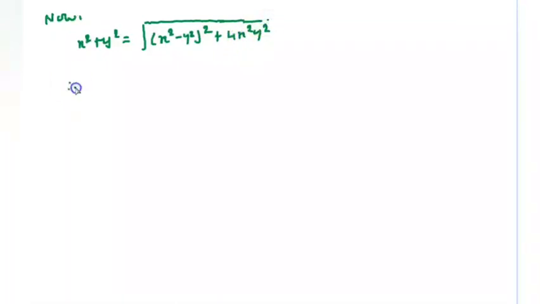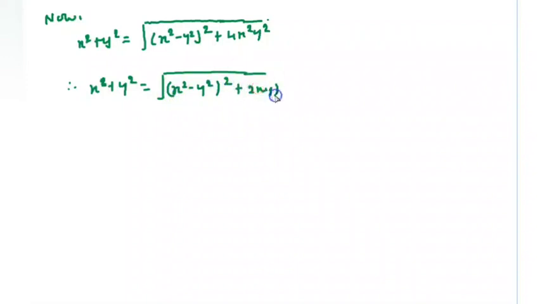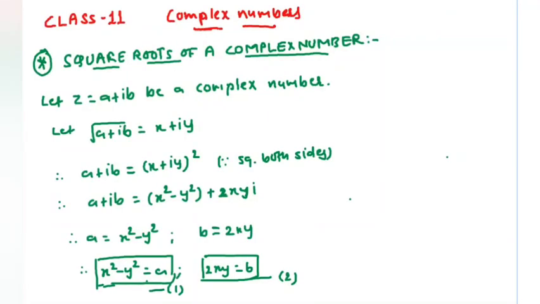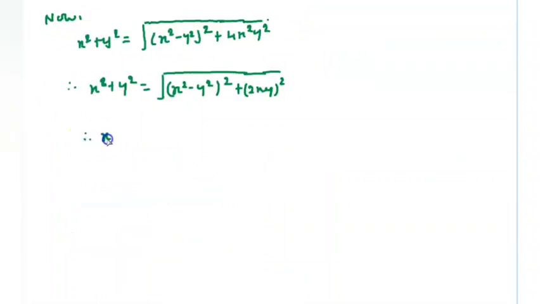Now this formula can be further simplified as x square plus y square is equal to square root of x square minus y square the whole square plus 2xy the whole square. Yes or no? 4x square y square we can write as 2xy the whole square. Now we have both these values, x square minus y square is a, and 2xy is b.